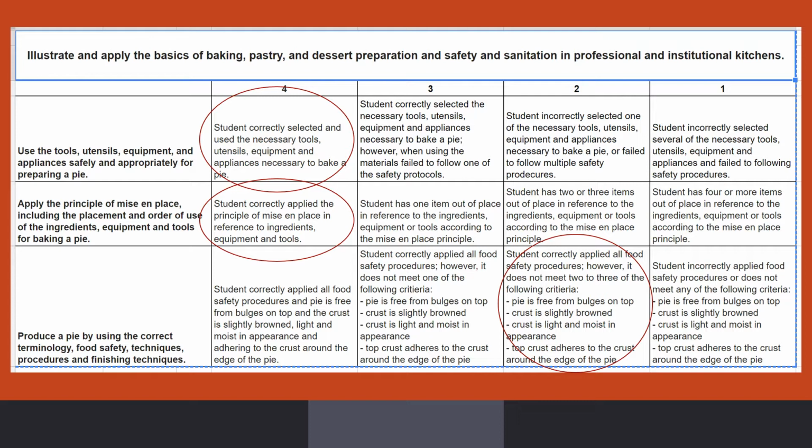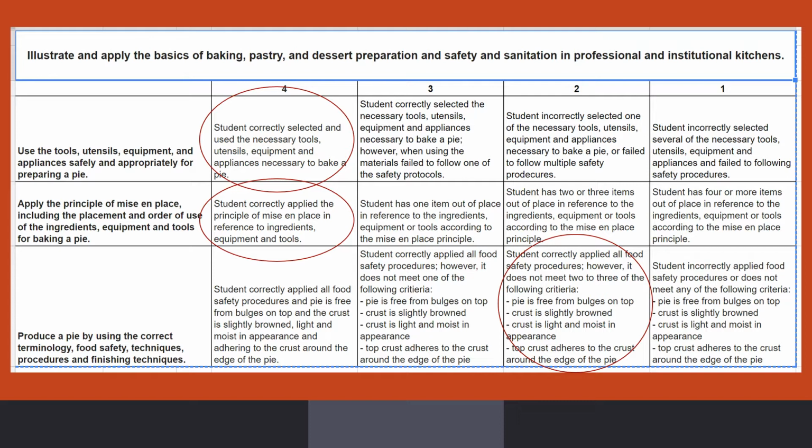proficiency. And you can see on this particular example that the student actually, with that product in the previous picture, demonstrated proficiency in using the tools and utensils, and demonstrated proficiency in the principles of baking.